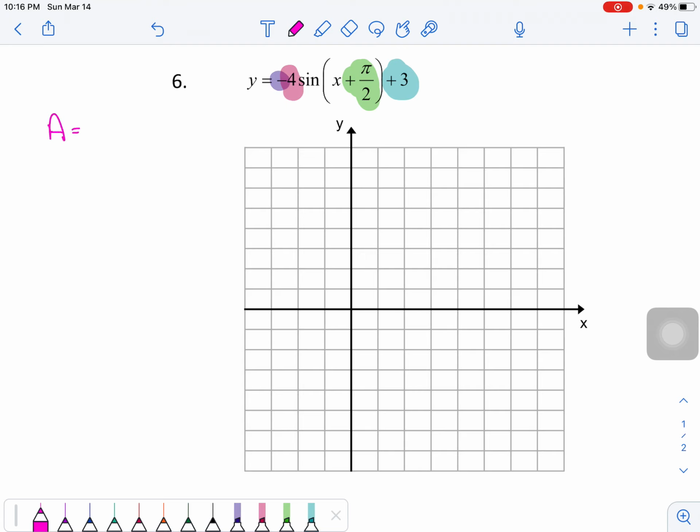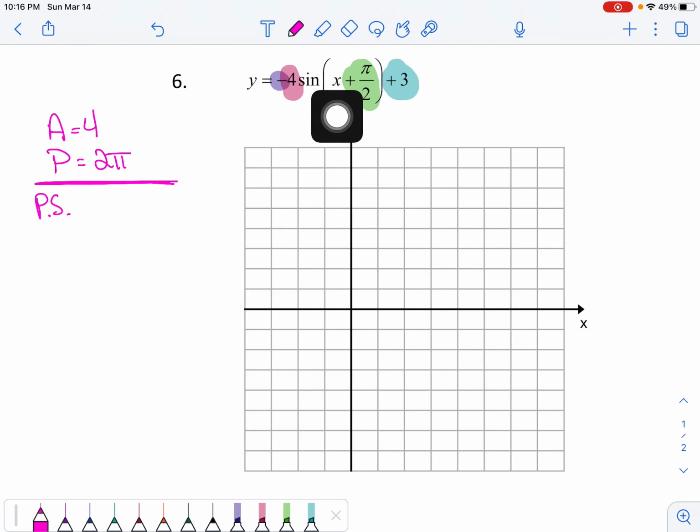So critical values: amplitude 4. Period: there's nothing being multiplied times x, so this is going to be 2 pi. That's going to be my first set. Phase shift: yes, there's a phase shift. It's plus pi over 2 here, so that's going to move me to the left pi over 2 units.